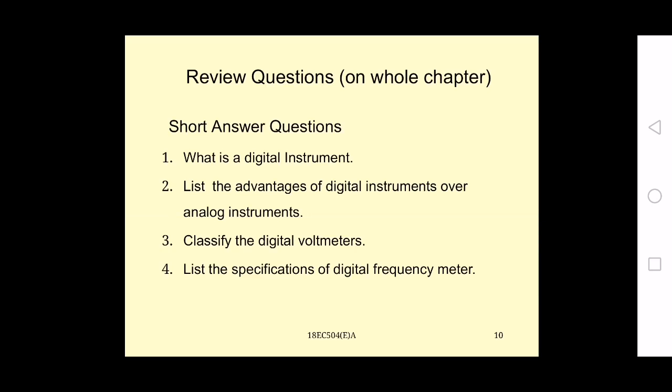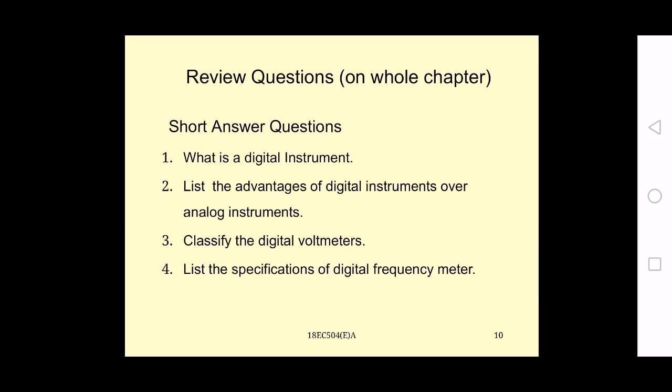In analog instruments, you measure values with a pointer on a continuous scale, which deflects according to your measurement. But in digital instruments you directly get the decimal digit display on your LED or LCD display.